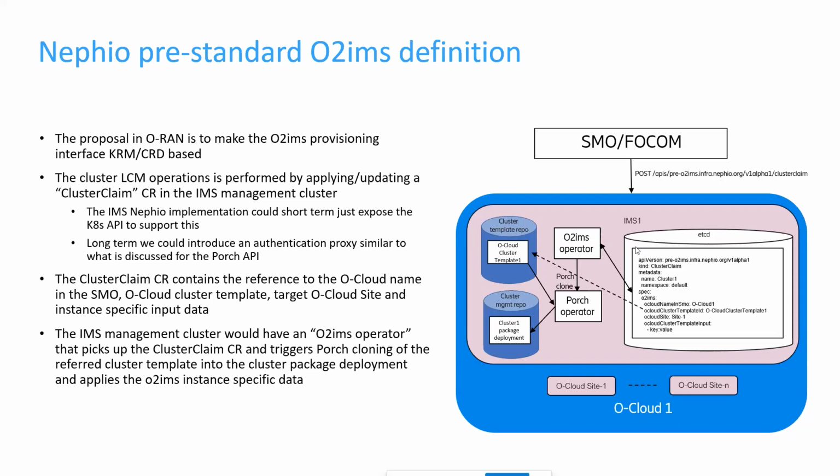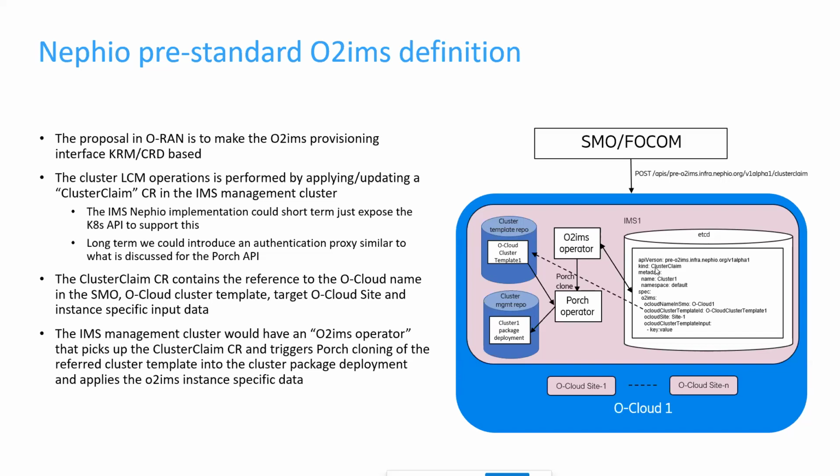So you would apply this CR, the cluster claim CR, and the CRD for this cluster claim CR is served by the O2IMS operator. That is the one that will try to reconcile this cluster claim CR.